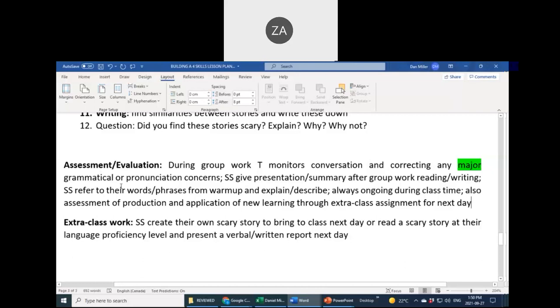What do you mean overlaps? I mean, the practices which can act as an assessment and the extra class work. There's definitely an overlap, yes. But you need to always make sure that you express it very clearly. You need to say exactly what you're thinking so that whoever is reading this lesson plan and assessing it knows what you're thinking.